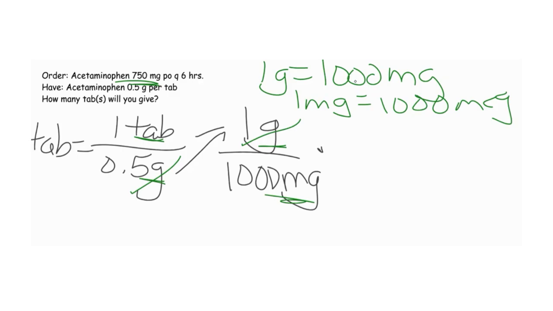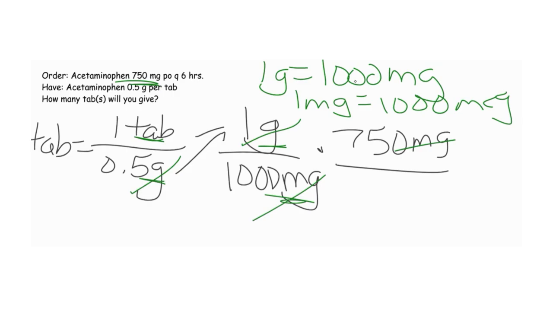Yes, we need to make another setup. Now we can use our order from our problem, which is the 750 milligrams. That's where that comes into play. Now we are able to cancel out milligrams. We don't need to go any further to set up our equation. Now we are ready to solve.